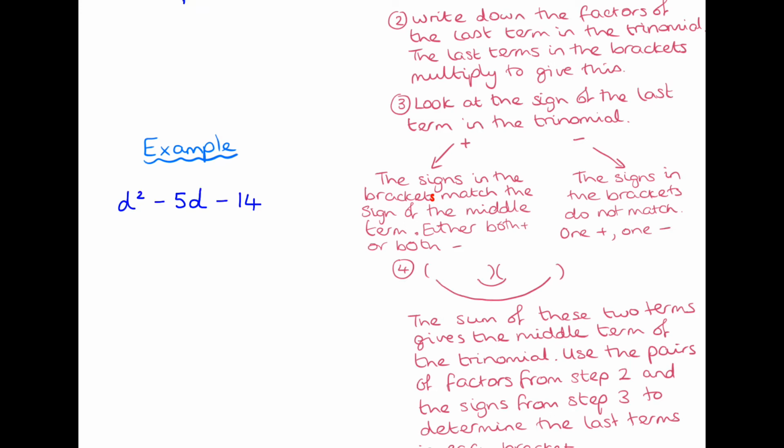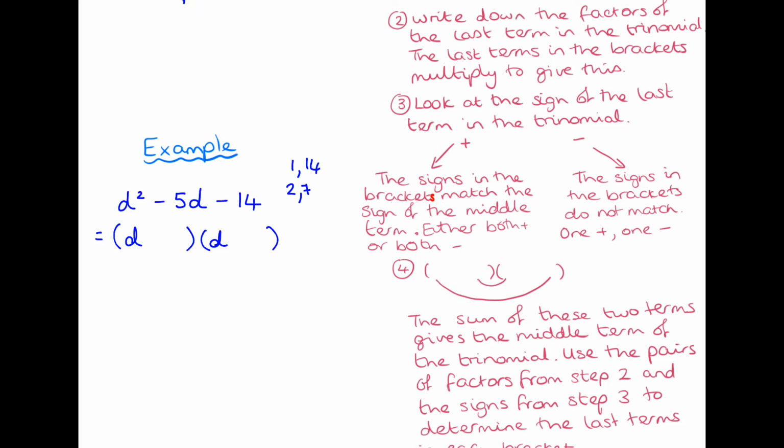Okay, so 2 brackets, d at the beginning, factors of 14. Okay, so we've skipped right through steps 1 and 2 straight away. Just do that anyway, okay?